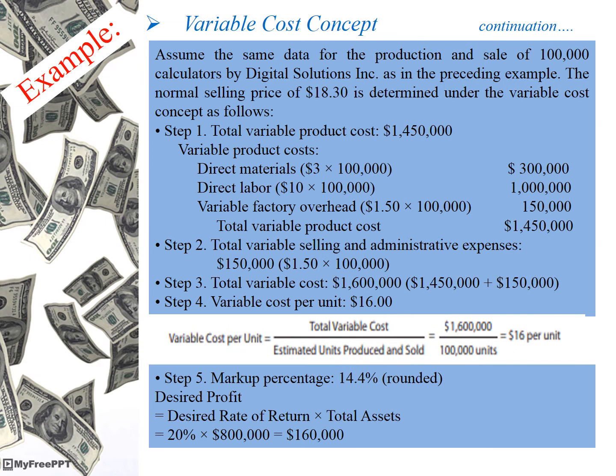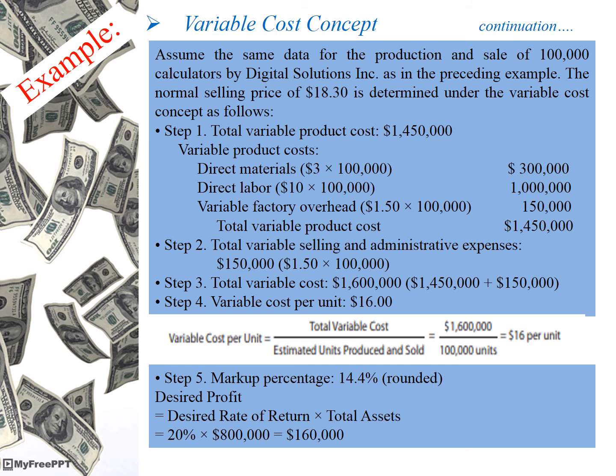To illustrate, let us assume the same data for the production and sale of 100,000 calculators by Digital Solutions Incorporated, as in the preceding example. The normal selling price of $18.30 is determined under the variable cost concept as follows. Step 1.